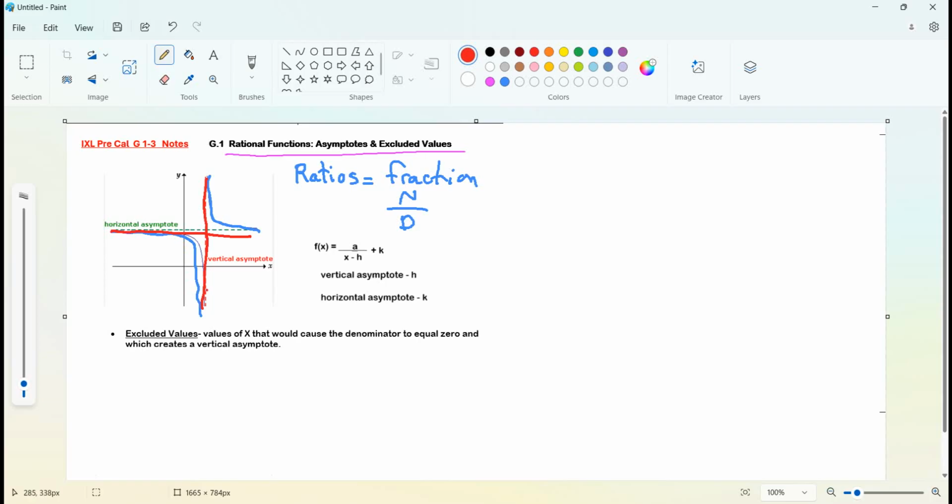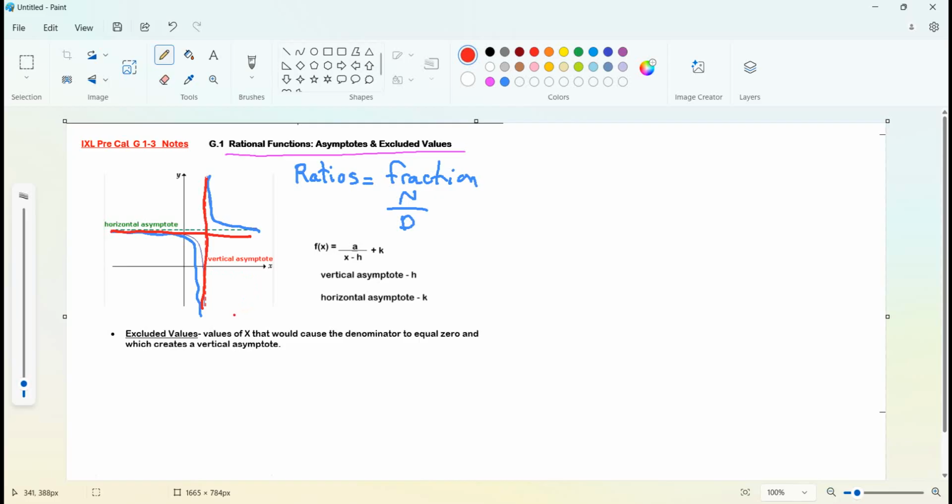These blue parts where the graph shows up will get super, super close to these invisible lines we call asymptotes, but it'll never ever cross them. Kind of like that guy in The Lord of the Rings, you shall not pass. They don't pass them. Well, sometimes they do on the horizontal, but vertical asymptotes, they don't. But we'll get into that more later.